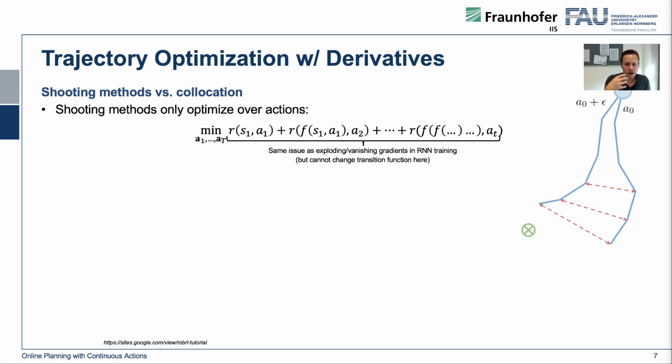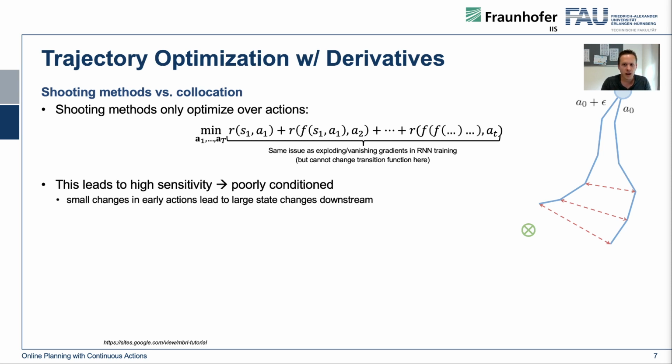While we did counteract this a little bit in RNN training by introducing gates and things like this, we cannot really change the transition function. This is something we have already seen in RL when we talked about background planning. So if we only change the action in the very early beginning by some small epsilon, this leads to large changes downstream, which means that this high sensitivity forms a poorly conditioned optimization problem.